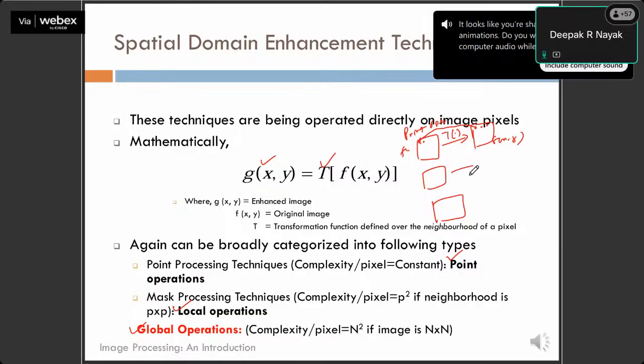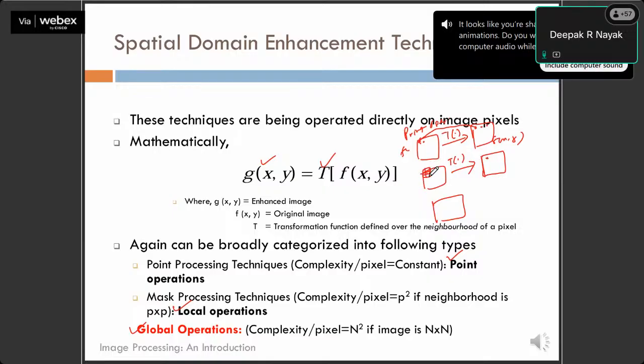But in the case of local operations, very, very important, because convolution is also a local operation. And that is where you will get to know about convolutional neural networks. So when I say it's a local operation, that means every pixel in g(x,y) is not only dependent on the corresponding pixel, but also dependent on its local neighborhood.